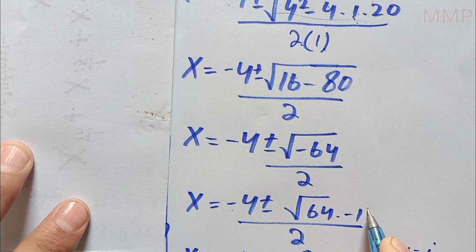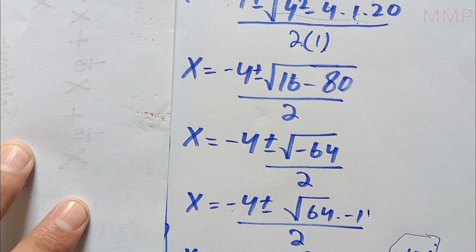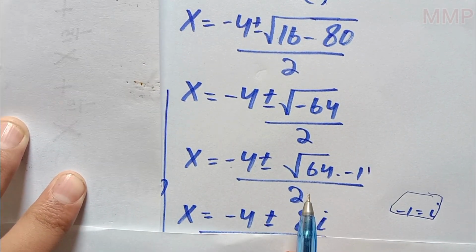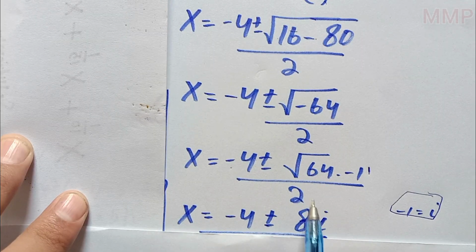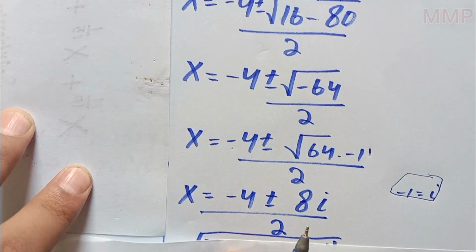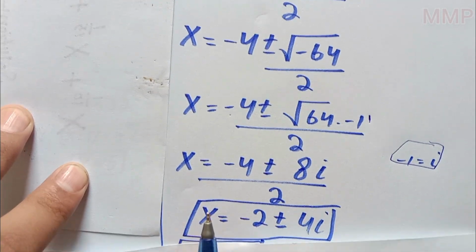This minus 1 is equal to iota, and root 64 is equal to 8. x is equal to minus 4 plus minus 8 iota divided by 2.